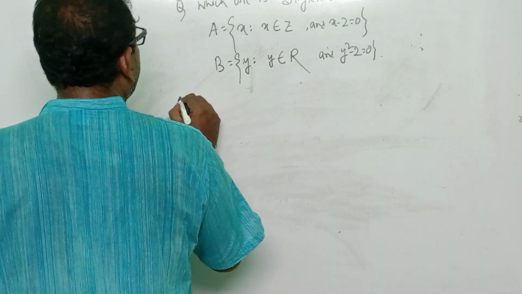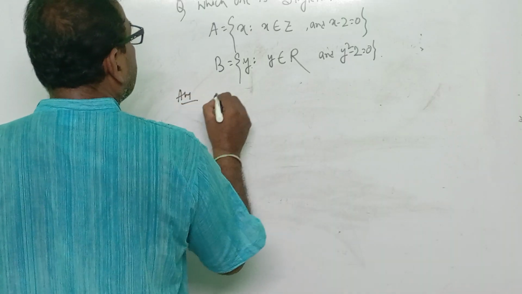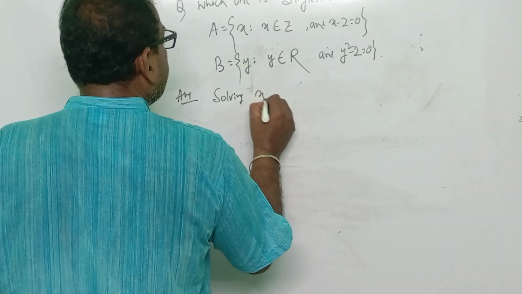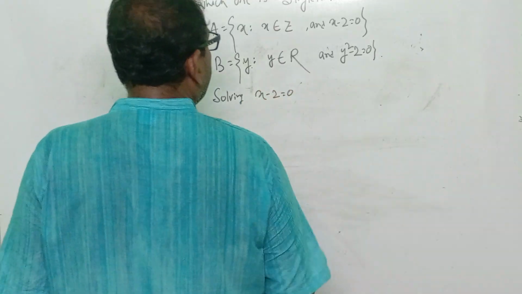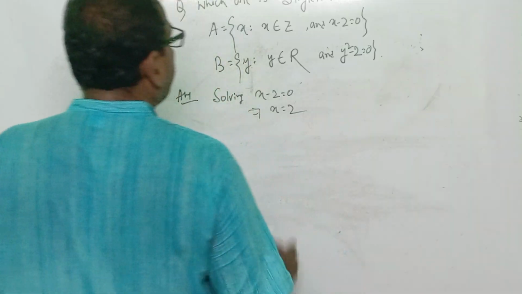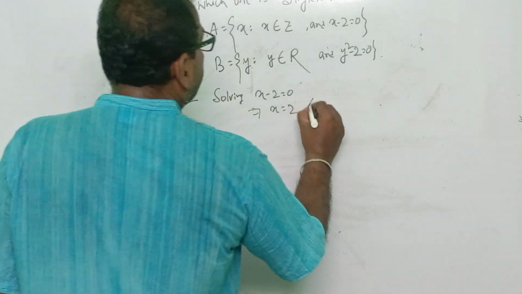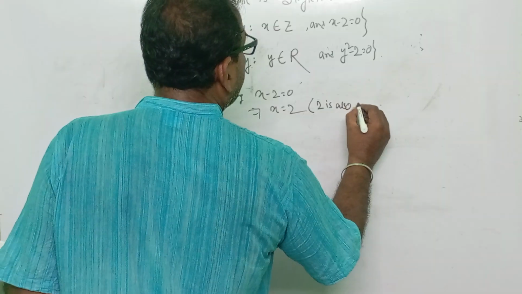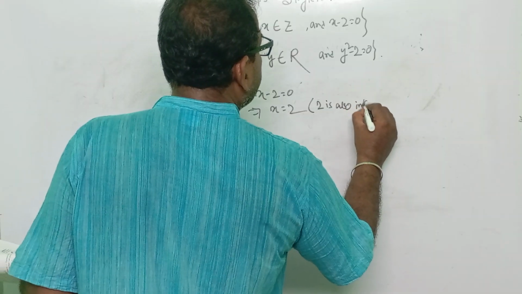Now answer. Solving x minus 2 is equal to 0, that means x is equal to 2, and 2 is also an integer.